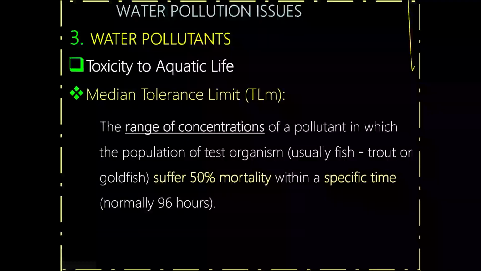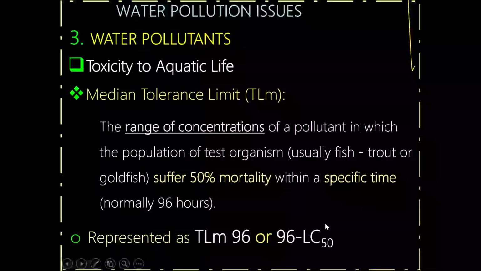It is not the only thing, but this is one way of determining if the pollutant you are releasing into the water is toxic to aquatic life or not. Then there are other parameters that you can use to check it.